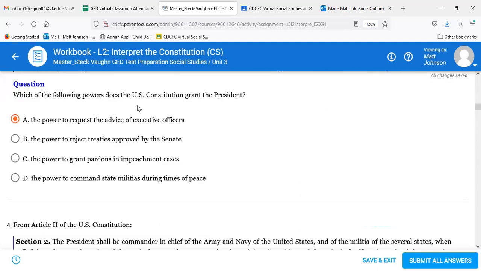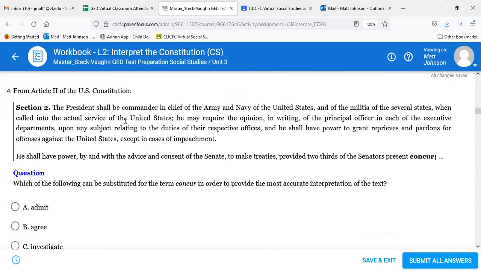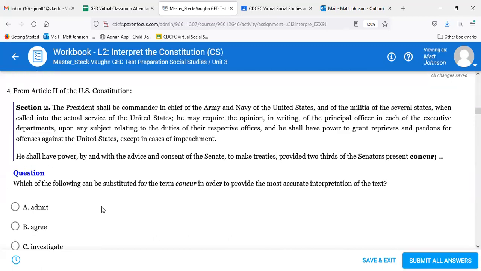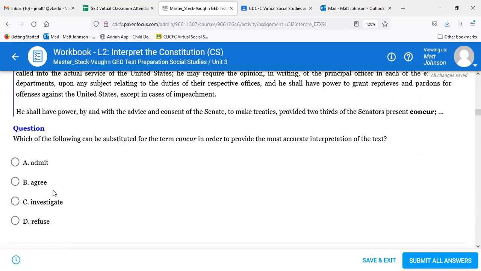All right, Grace, do you want to read number 4? Okay. Which of the following can be substituted for the term concur in order to provide the most accurate interpretation of the text? A, admit. B, agree. C, investigate. And D, refuse. B, agree.